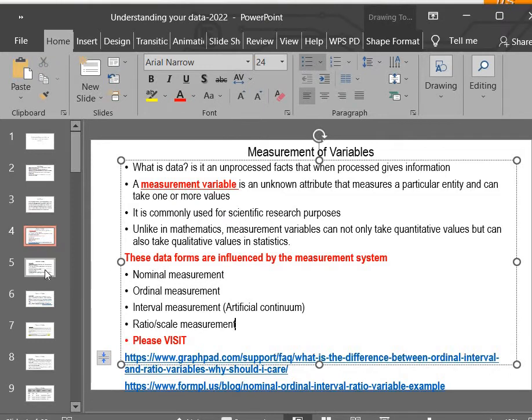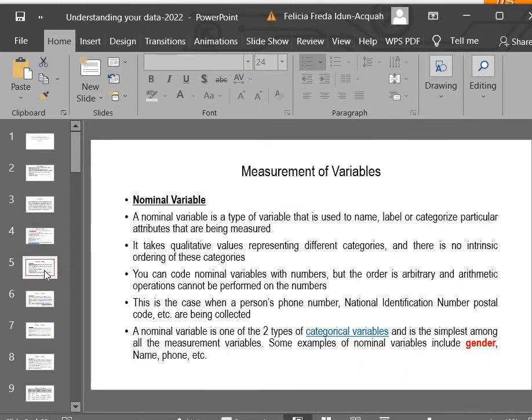So let's begin with nominal measurement. What is a nominal variable? A nominal variable is a type of variable that is used to name, label, or categorize particular attributes that are being measured. For instance, if I talk about smoking status, I can have smokers and non-smokers.